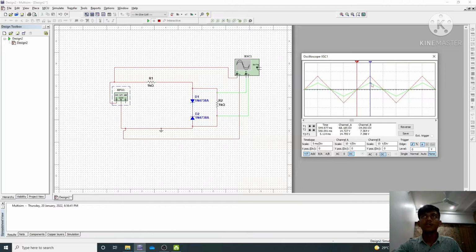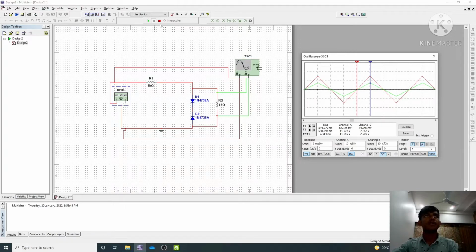Now we will see the output. So our output is nearly 7.5 volt. We can get a clear value by adjusting this pointer to the peak. So by that we can say this circuit also works for triangular waveform.